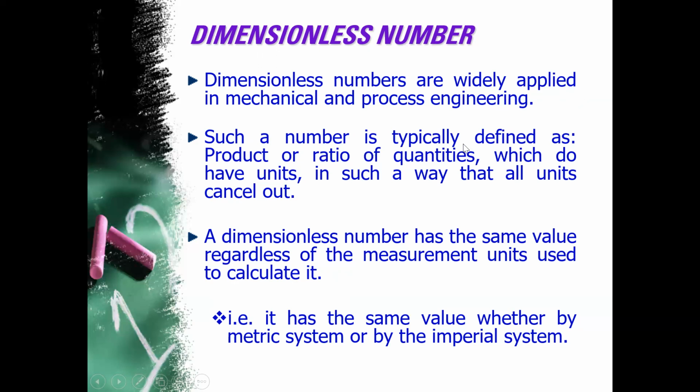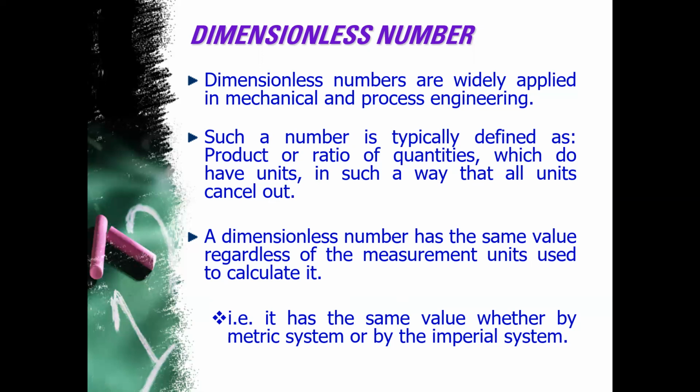Such a number is typically defined as a product or ratio of quantities, which have units in such a way that all units cancel out, because it's a ratio, right? Same thing when you divide something by something similar, so you get dimensionless. So a dimensionless number has the same value regardless of the measurement units used to calculate it. It has the same value whether by the metric system or by the imperial system. So this is what it means.